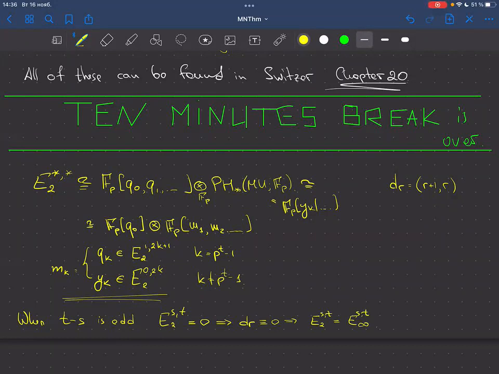So our spectral sequence collapses at the second page.